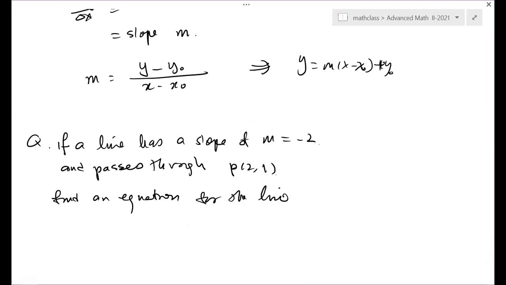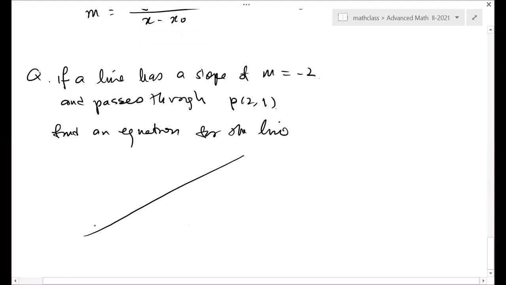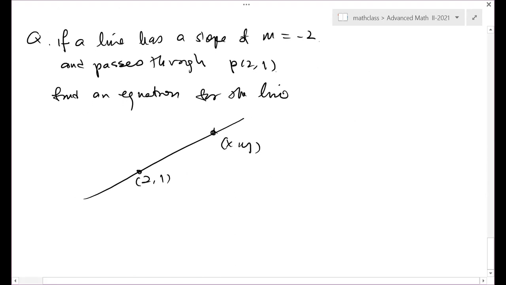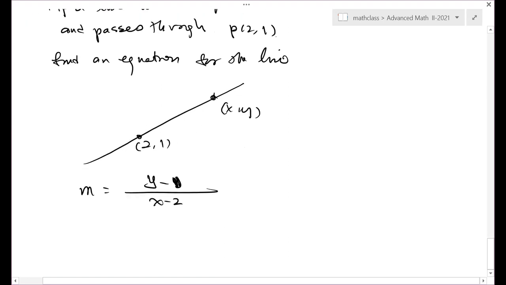So you already know the slope. All you have to do is draw the line passing through (2, 1), and here's the arbitrary point x and y. You can use this pair of points to calculate the slope on one hand. The slope is going to be y minus 1 over x minus 2, the difference of the y coordinates over the difference of the x coordinates.